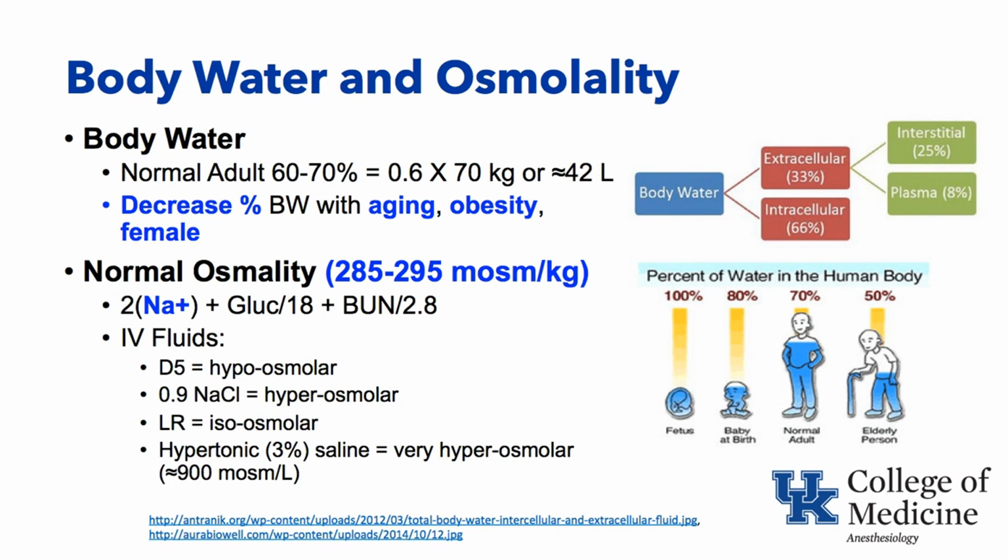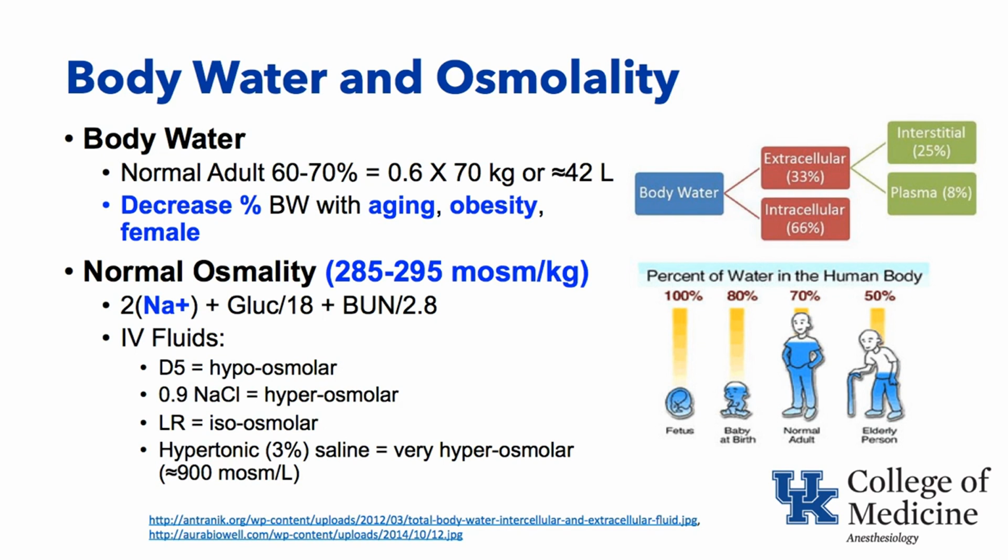Our percent body water decreases as we age, if we're obese, and in females. The graphic on the bottom right shows a baby at birth being about 80% body water, normal adults 60 to 70%, and an elderly person about 50%.